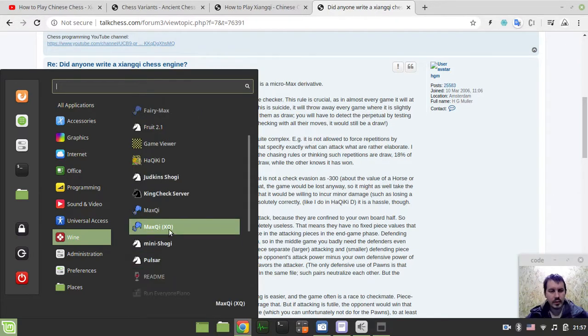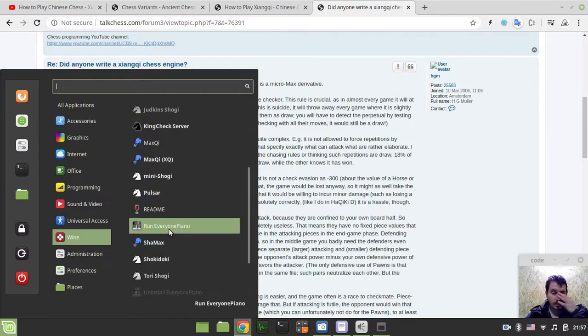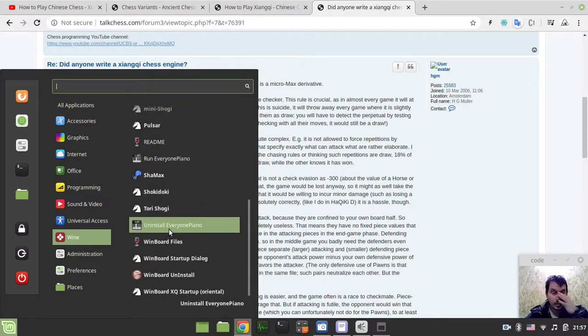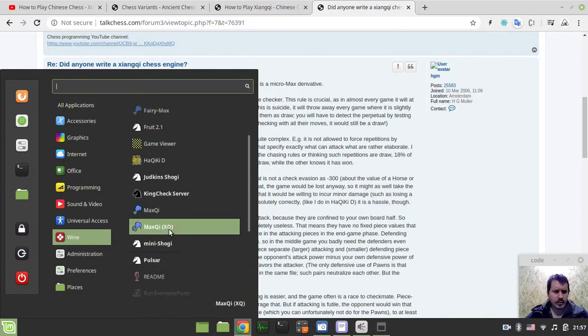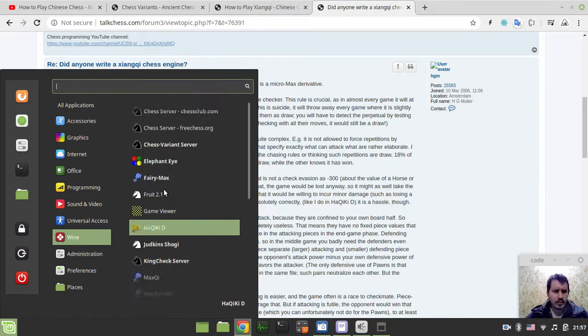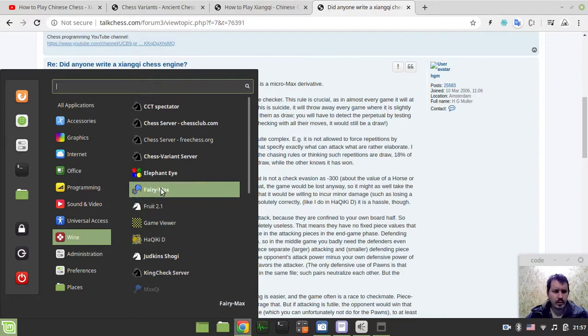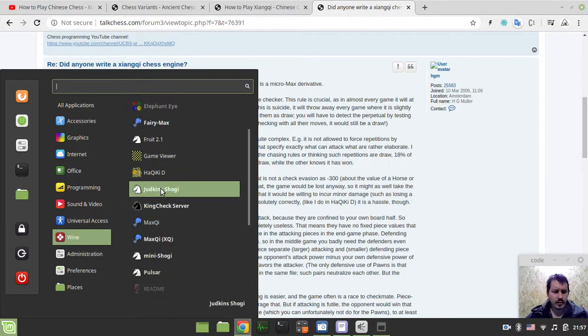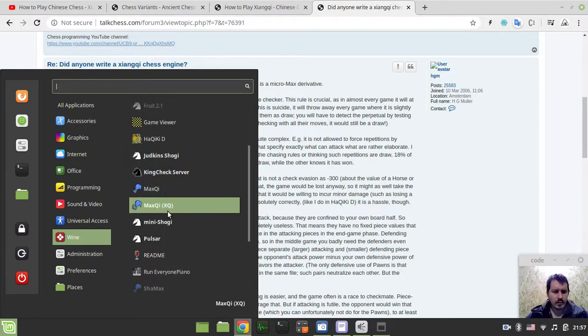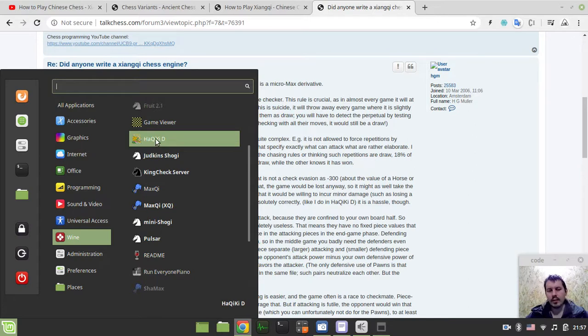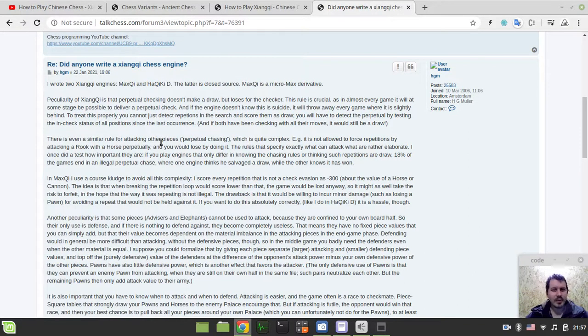Not sure what this means, and also the strongest engine by HGM. Where is that? Nope, not here. Ah, here it is. Xiangqi D. It's a bit tricky, but yeah.